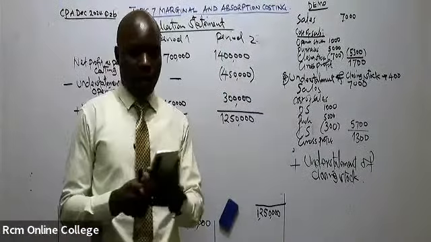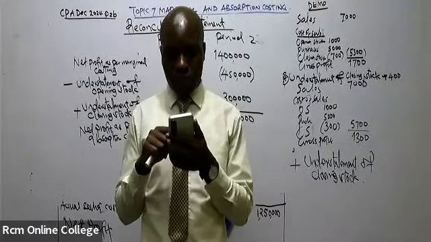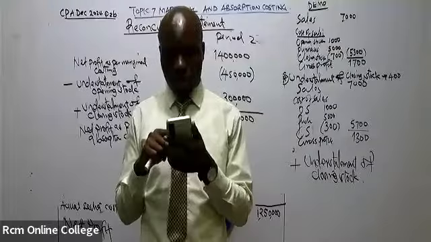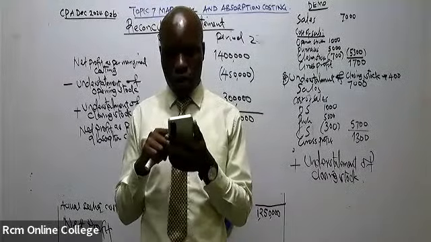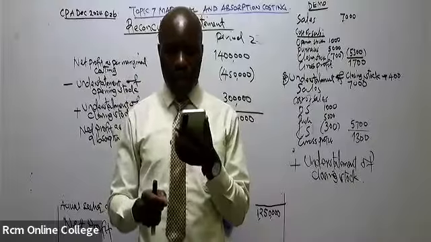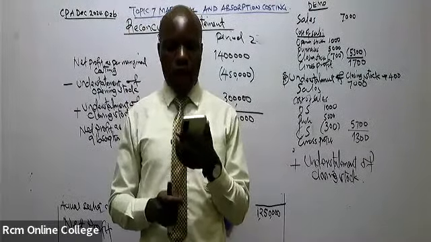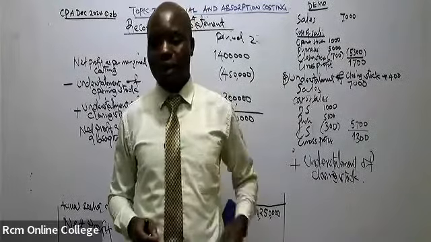Kindly explain additional information number 7. Let us see what number 7 says. Additional information number 7: the fixed production costs and selling and administrative costs incurred during the year were equal to budget.